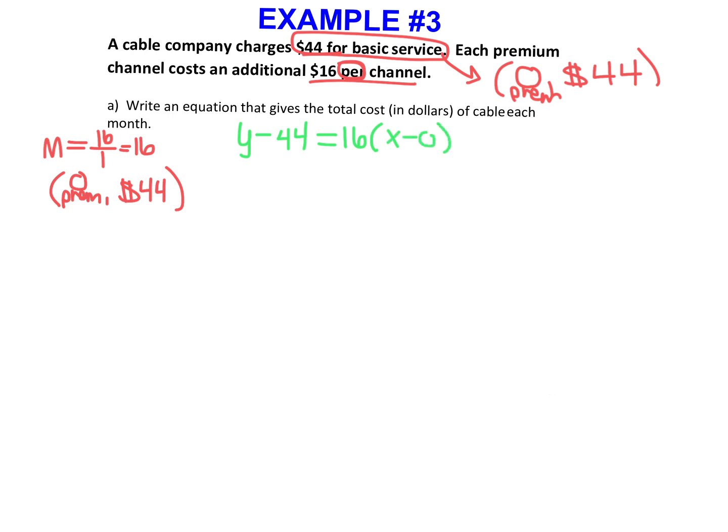So then I'm going to rewrite this equation into slope-intercept form. So I distribute: y minus 44 is equal to 16x minus 0. We then add 44 to each side, and in slope-intercept form we end up with y equals 16x plus 44.